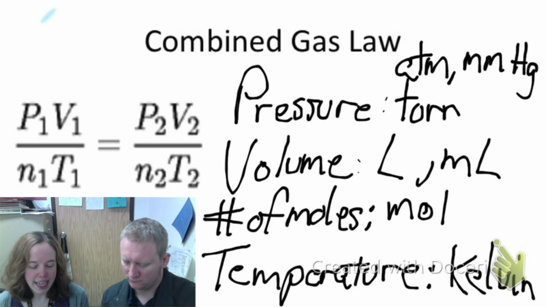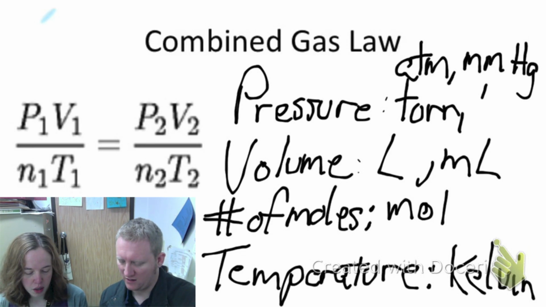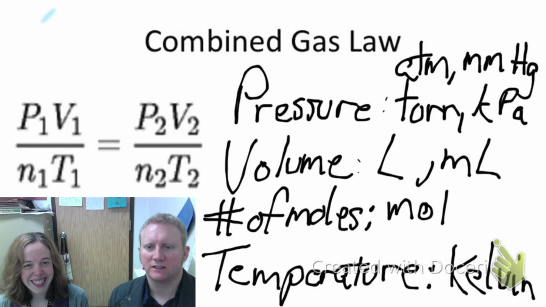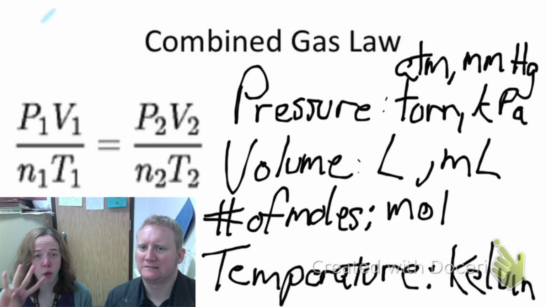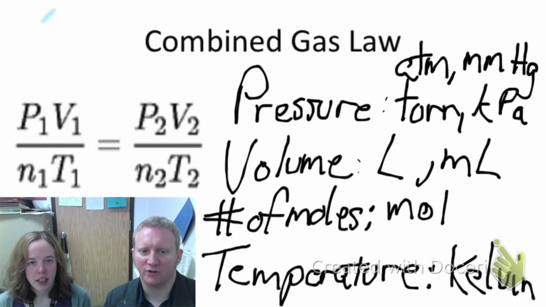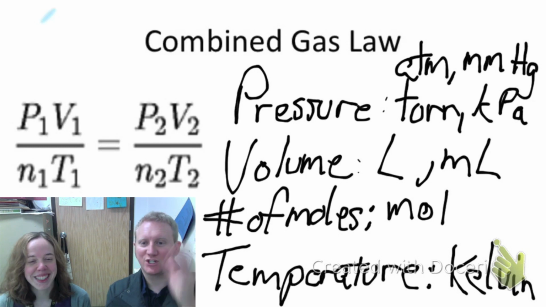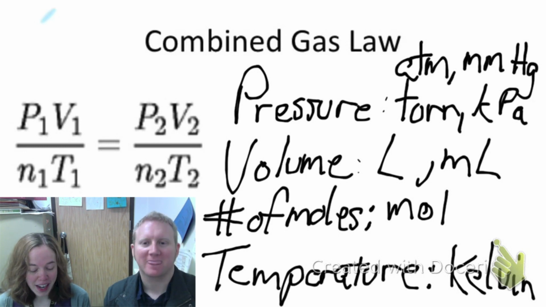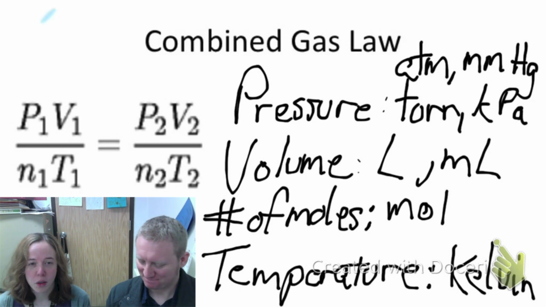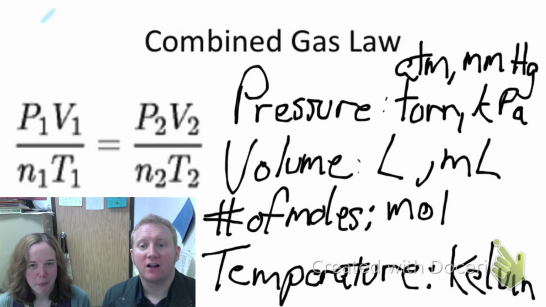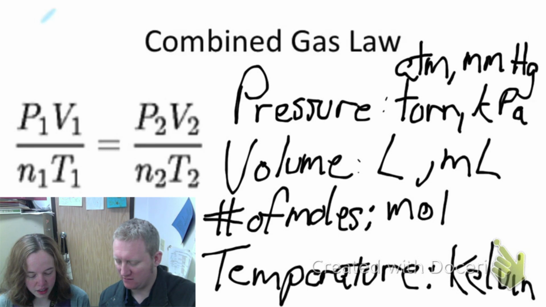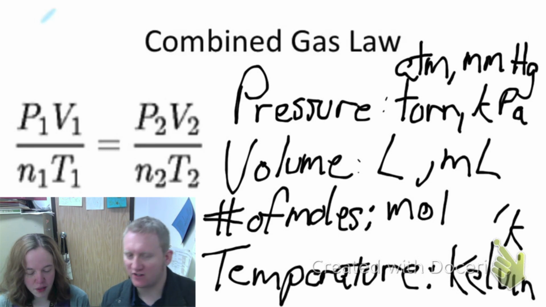Or it can be in kPa, kilopascals. If it's any one of those four things, it's pressure. Everything else is pretty easy to recognize, so if you're not sure what it is, it's probably a pressure unit. Kelvin is just K.